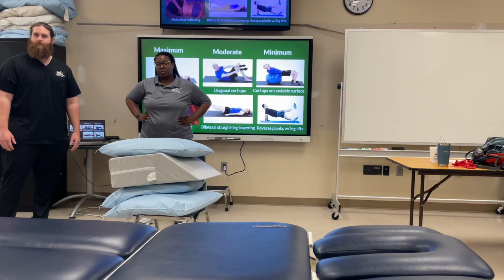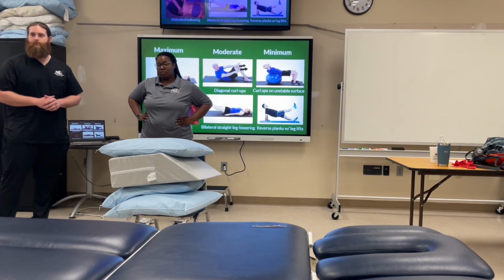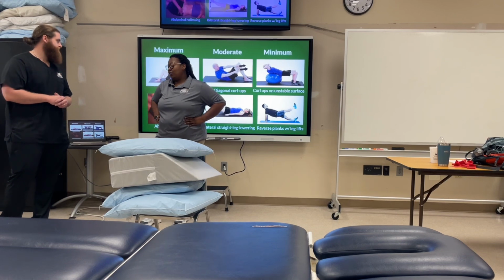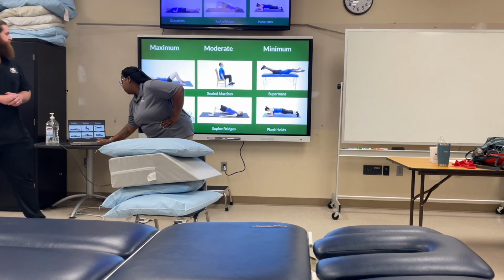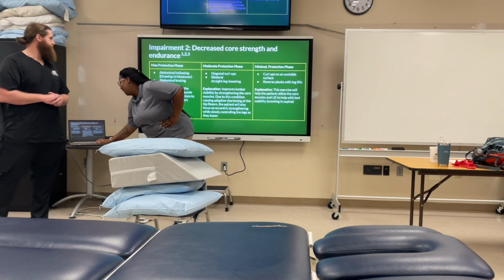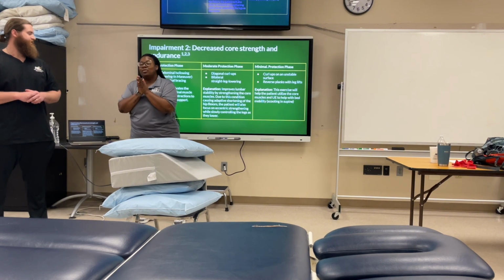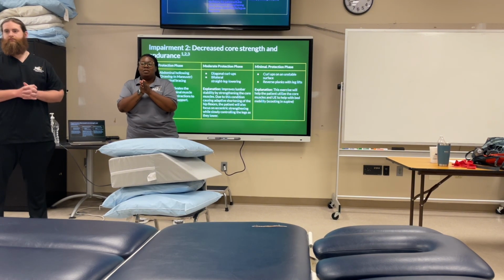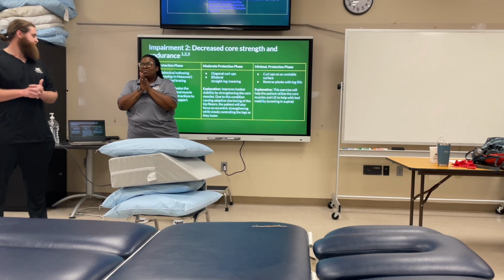Could you differentiate abdominal bracing versus abdominal hollowing again, please? For abdominal bracing, when I did my reading, it was almost the same, but it seemed like you're including more breathing.